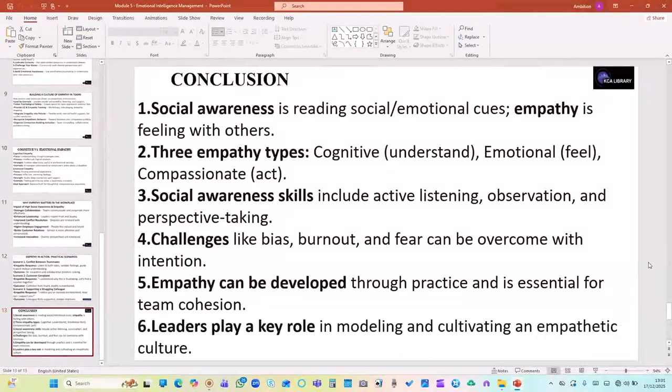Social awareness skills include active listening, observation, and perspective taking. Challenges like bias, burnout, and fear can be overcome with intention. Empathy can be developed through practice and is essential for team cohesion. Leaders play a key role in modeling and cultivating an empathic culture. Thank you and have a nice day.